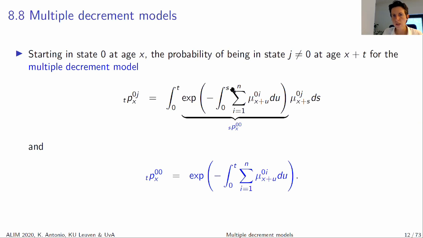So what you're going to do here is sum all the applicable forces of decrement, and then multiply with the transition intensity to go from state 0 to exit state J at age x plus s. So that would be our survival probability, and we use here in the multi-decrement setting the total force of decrement.